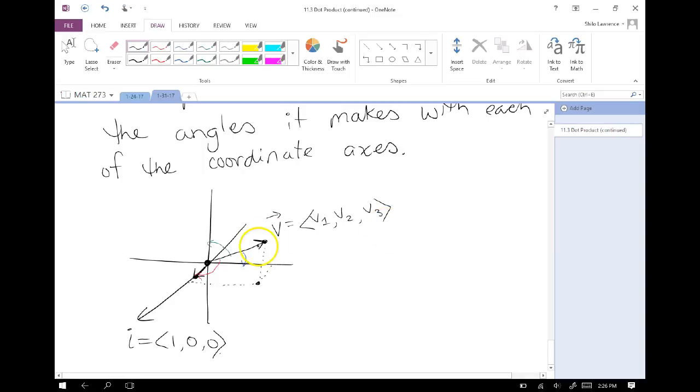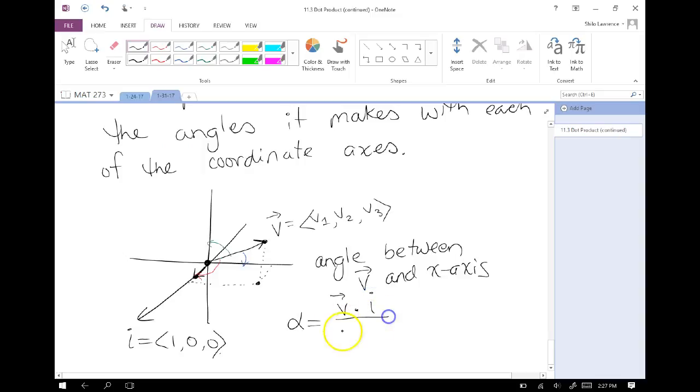So to find the angle between v and the x-axis, this angle has a special name, we call it alpha. We would do v dot i over magnitude v, magnitude i.